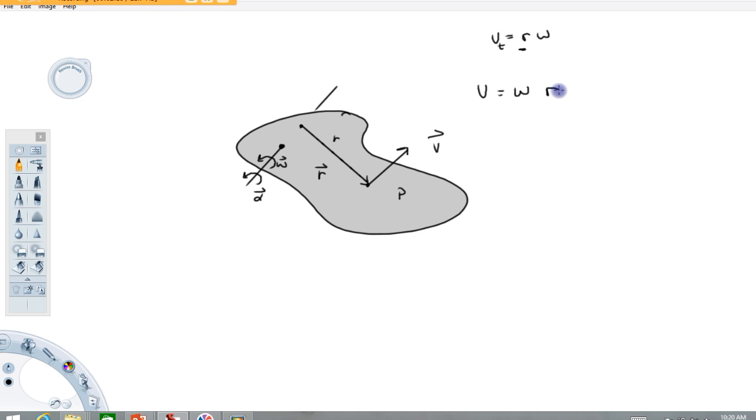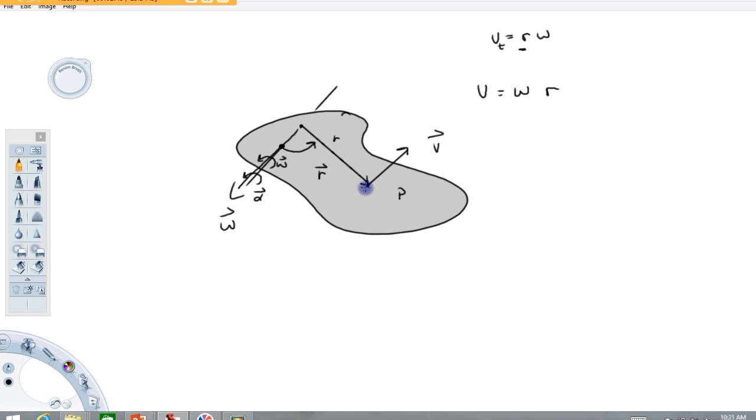Notice that the angular velocity vector in this example points this way. And if we take the cross product, and if you're not familiar with how to do cross products, go back and watch my video about how to do a cross product, imagine putting your fingers along this axis and then crossing that with the position vector.